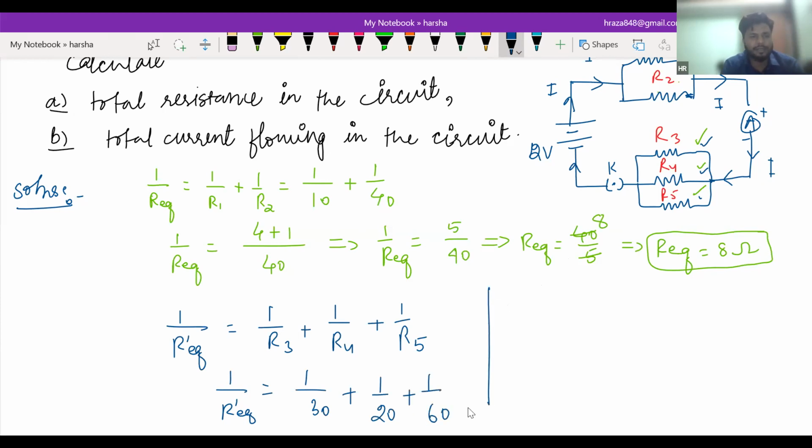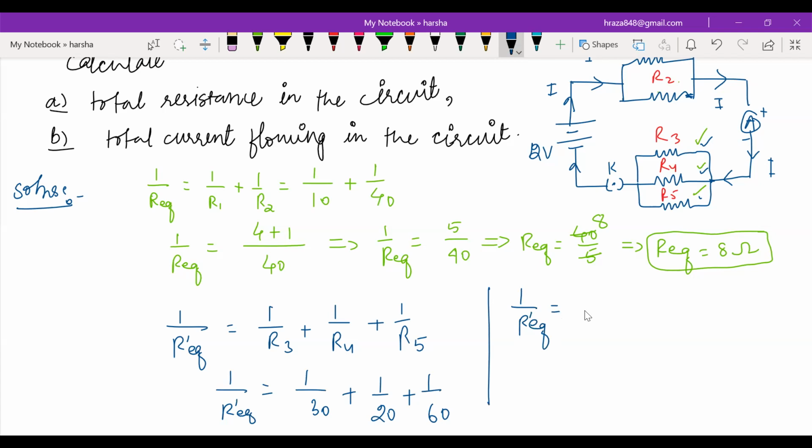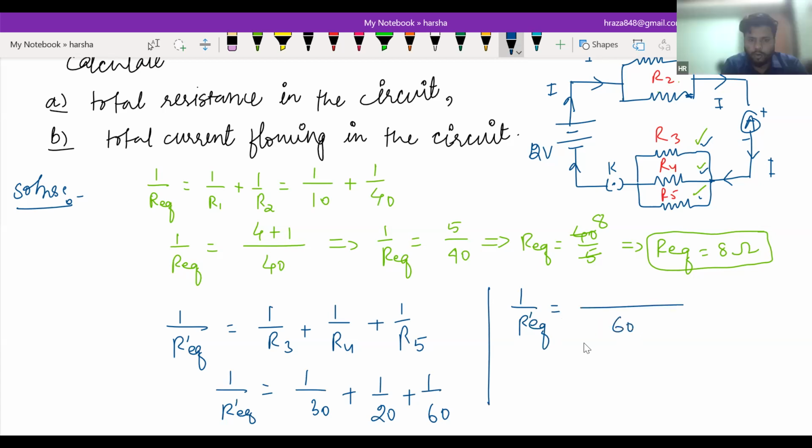Can anyone tell me the LCM of 20, 30 and 60? 60. Now 30 twos are 60, so it will be 2; 20 threes are 60, 60 ones are 60. So 1 upon R dash equivalent will be equal to 2 plus 3 plus 1, 6 by 60. The value of R dash equivalent will be 60 by 6, which means 10 ohm.